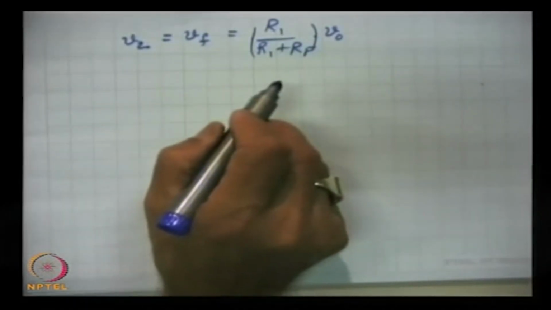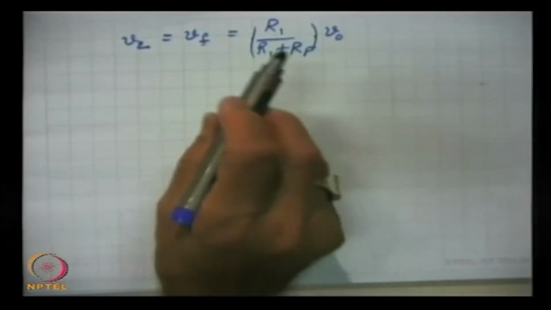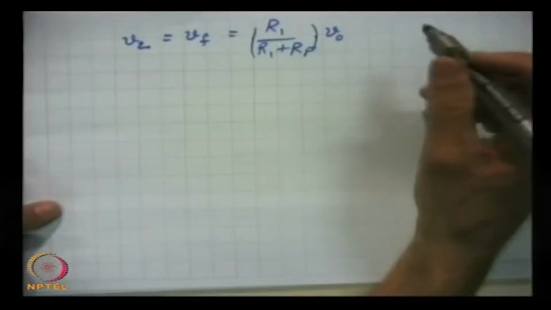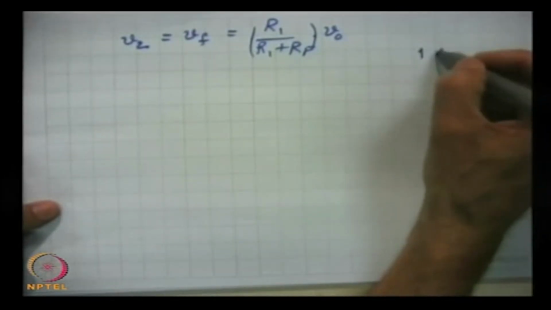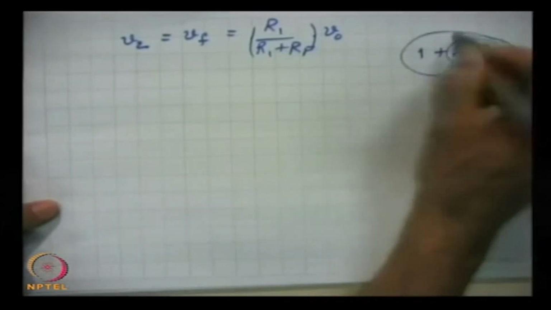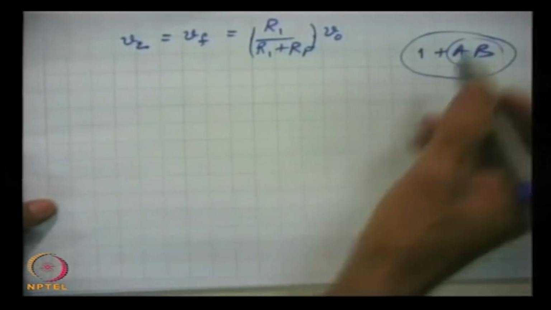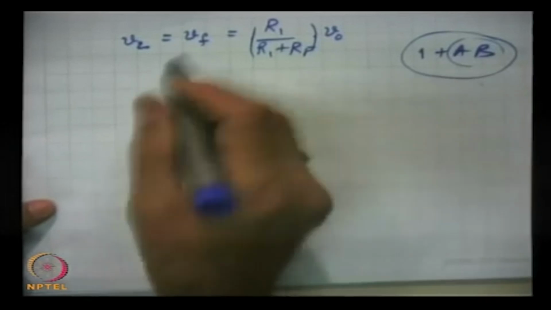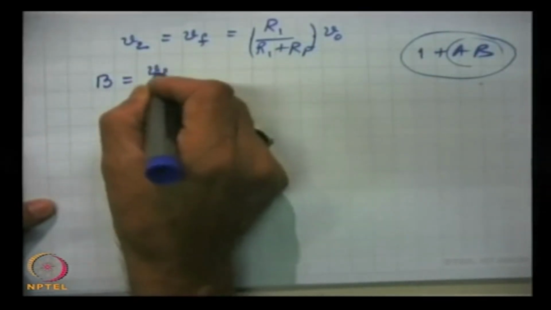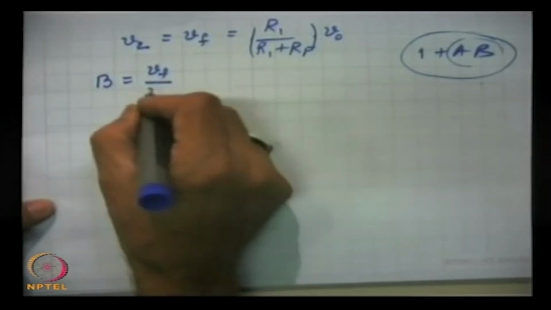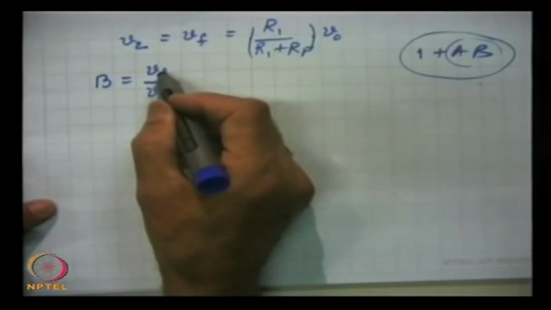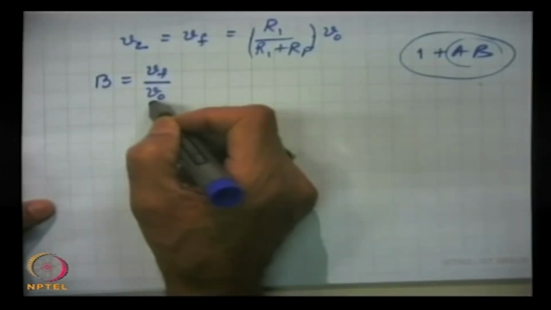You remember that in feedback networks, 1 plus A beta, where A is the gain and beta is a factor, and so beta is Vf by V0, the fraction which is returned to the input.